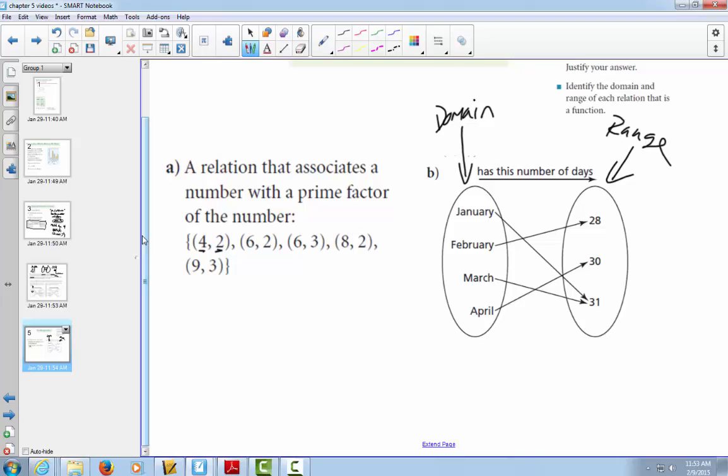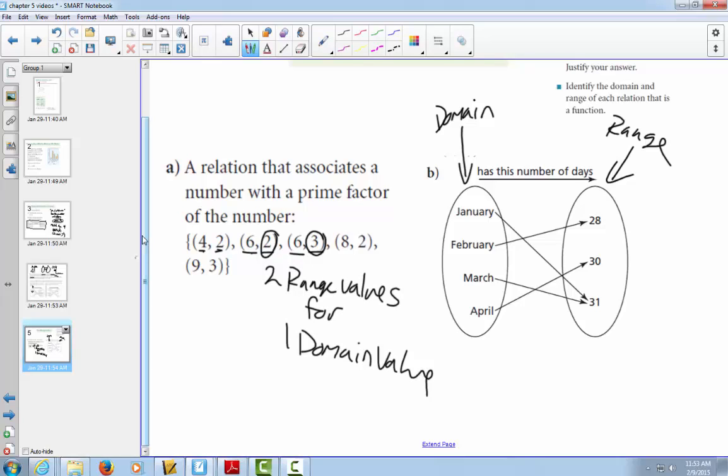So we're good. 6 can go to 2. 6 can go to 3. 2 range values for 1 domain value. That means it's not a function.